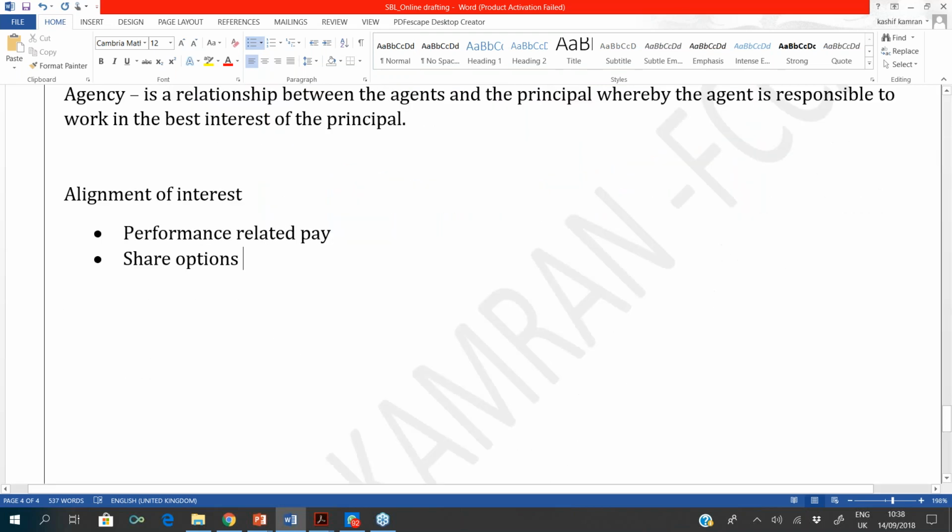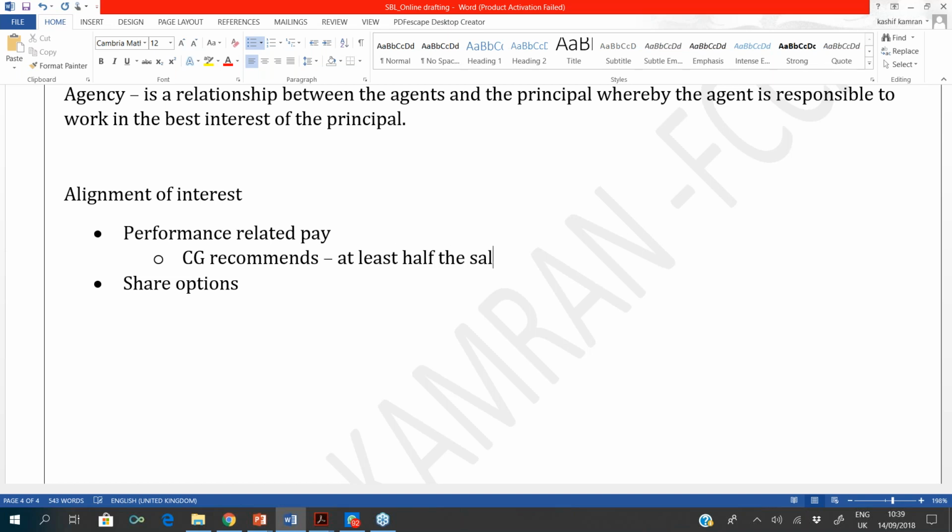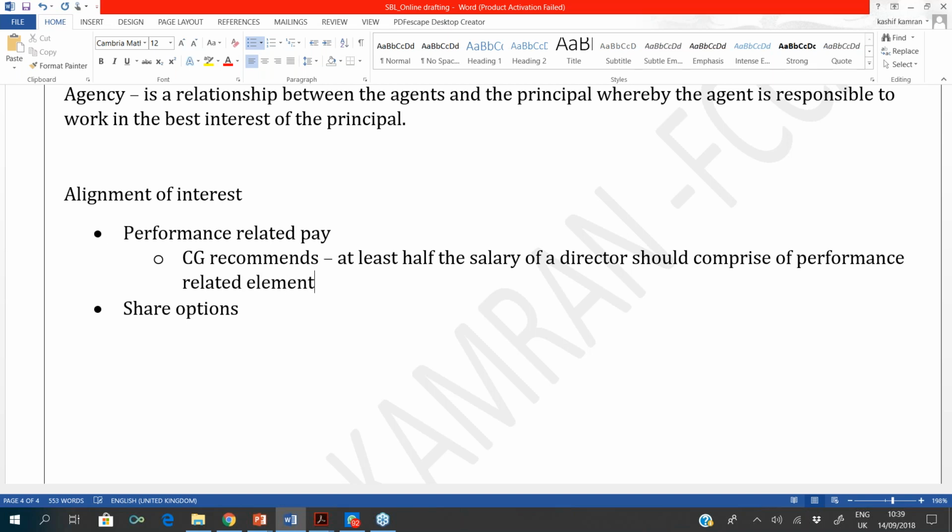Now, if we explore both of them from the context of the syllabus, performance related pay: corporate governance recommends that at least half the salary of a director should comprise performance related elements.